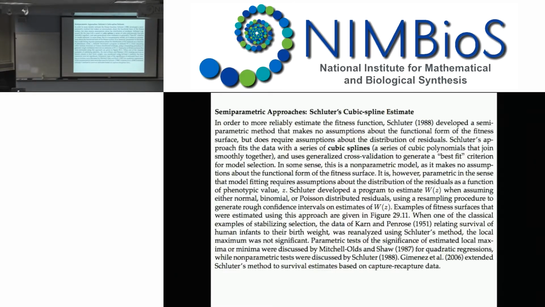The other scenario, and Dolph Schluter at UBC was the person that suggested this, is something called cubic spline estimate. So what are cubic splines? So a spline basically, suppose I've got a bunch of points. Here they are, a bunch of points. And I want to fit a curve through those points.